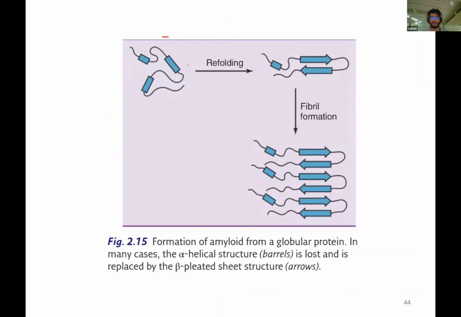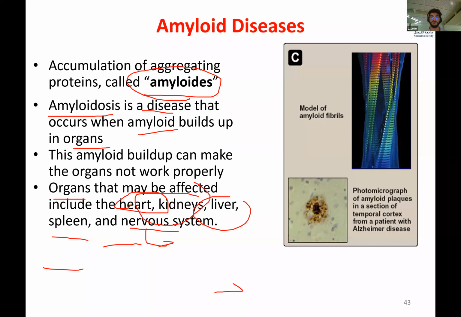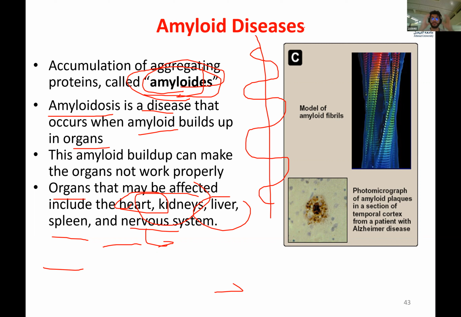Over here, for example, we have a protein. This protein gets misfolded and it starts to aggregate. Now, this is an important point. In these specific amyloid diseases, the only thing you need to remember is that usually the original protein is an alpha helix. Not necessarily, but most of the time.